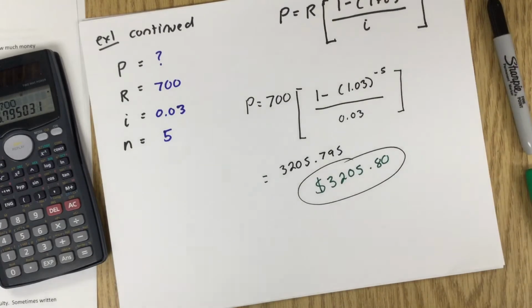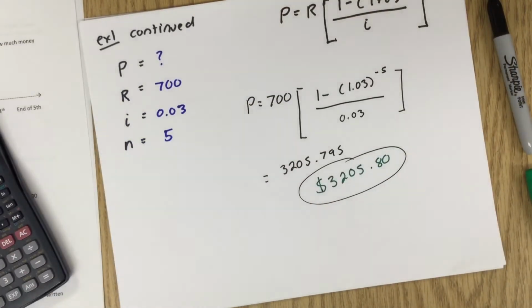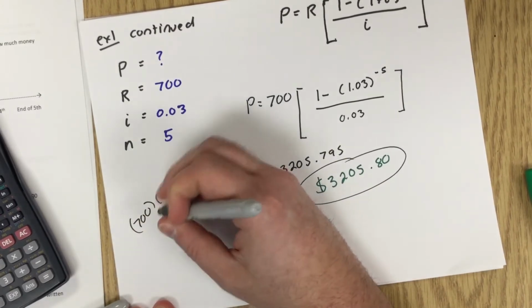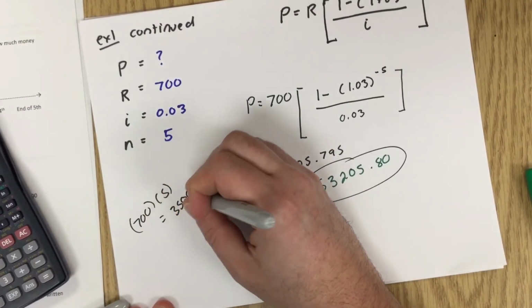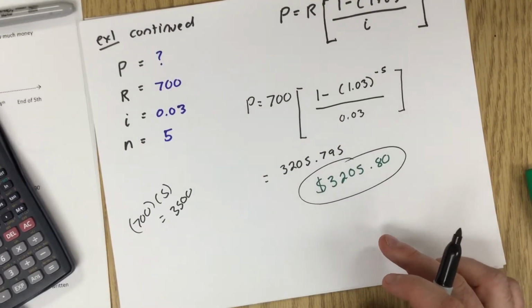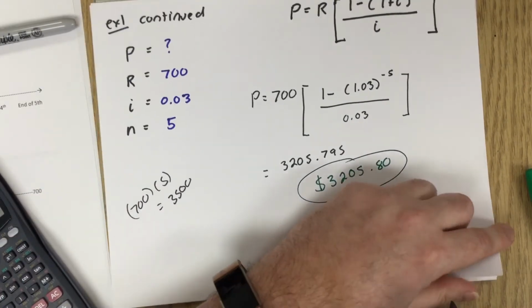Now, how much did we actually withdraw? Over the time, we did it for 5 years. So we actually withdrew 700 times 5, $3,500, but we only put in $3,205, which means we saved about $295 by putting the money in right away.